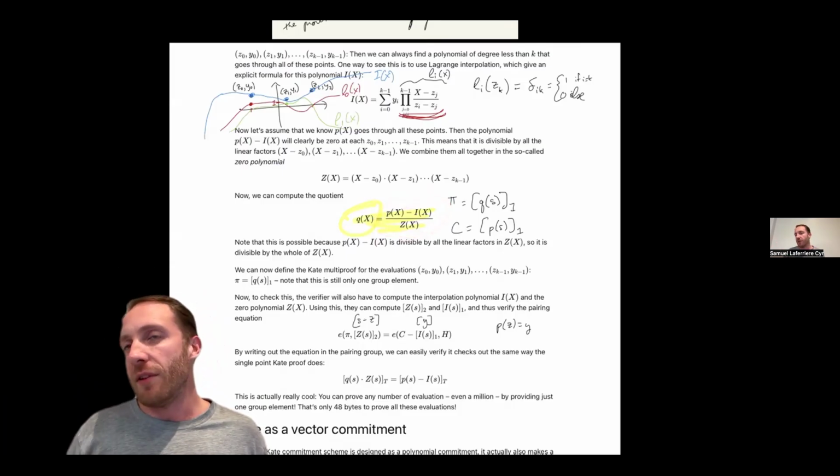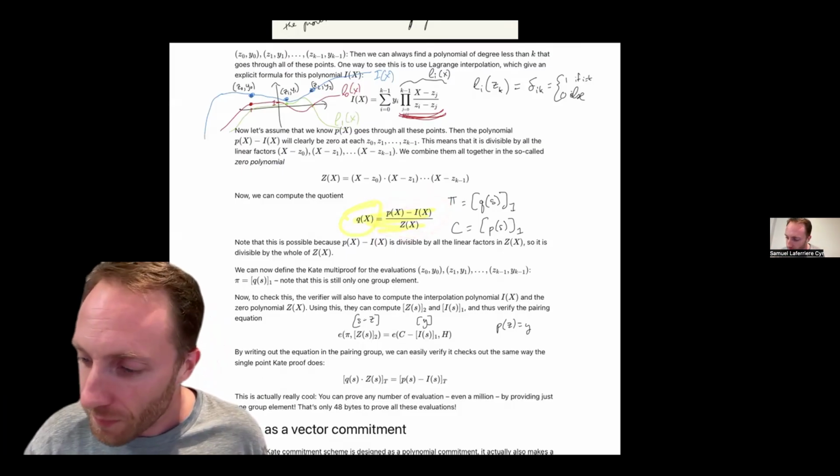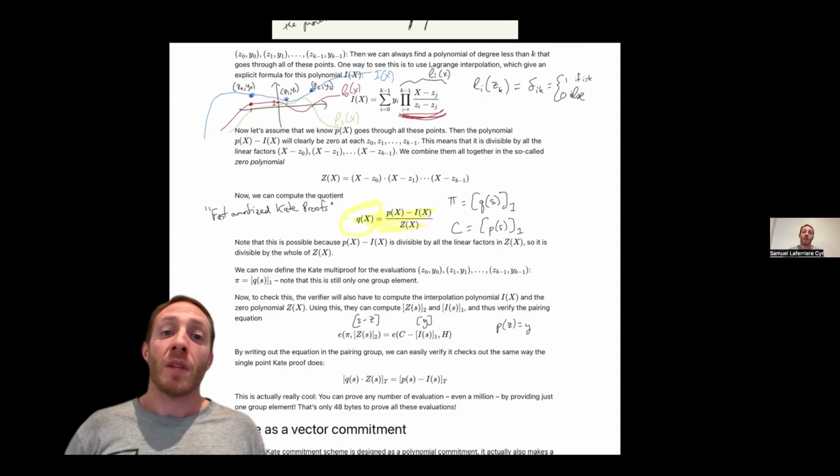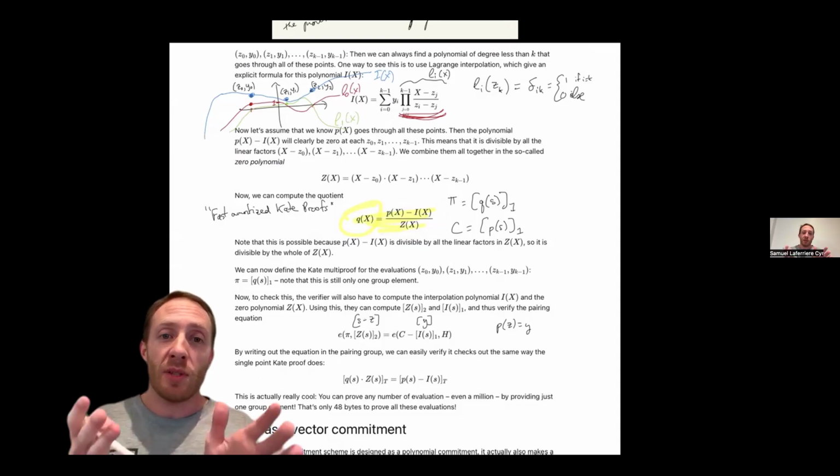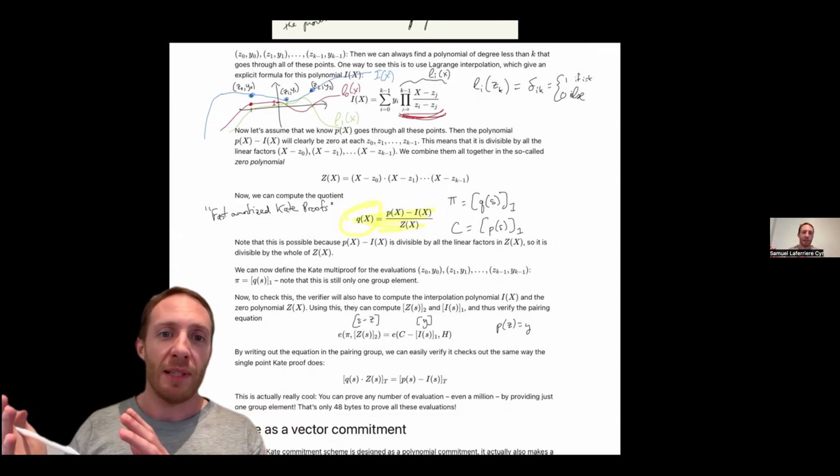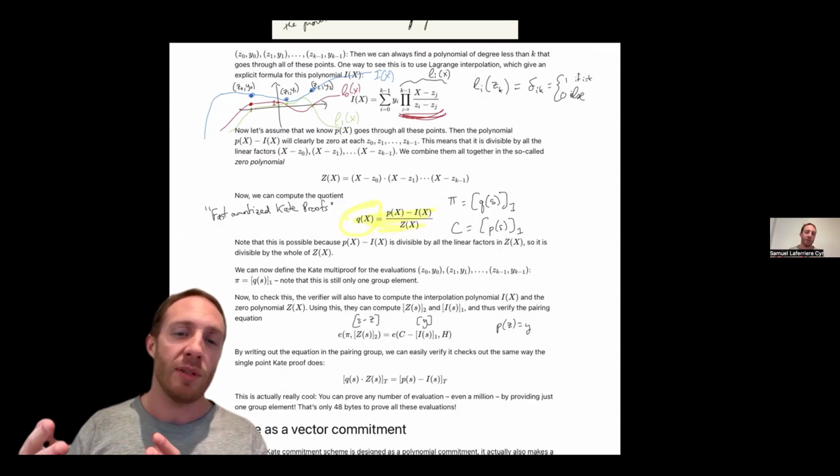So Dankrad has a follow-up paper called the fast amortized Kate proofs, which explains, if this was a theory paper, then the next one is the implementation paper: how do we actually compute this in practice on a computer, doing it fast.